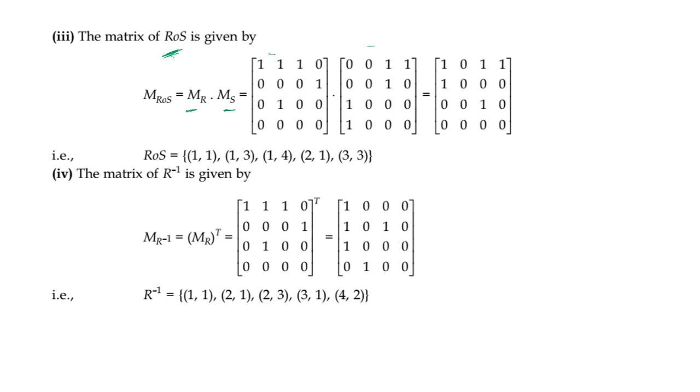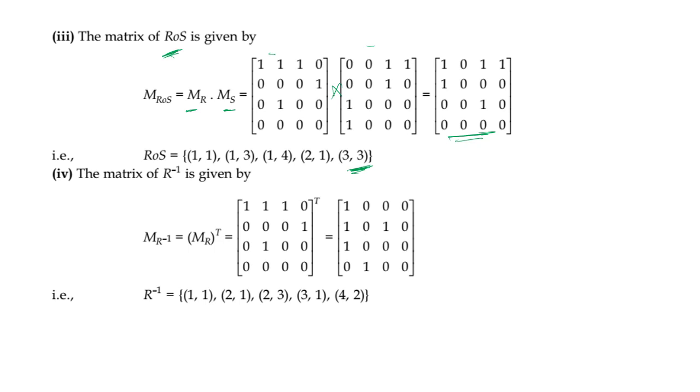This is not a problem over here, because the matrices are defined on the same set, so they are both square matrices of the same size. But if you have matrices of relations defined on different sets, then you have to keep that in mind. So you perform the multiplication of this matrix with this matrix, and you get this matrix, which will give you the relation composition pairs.